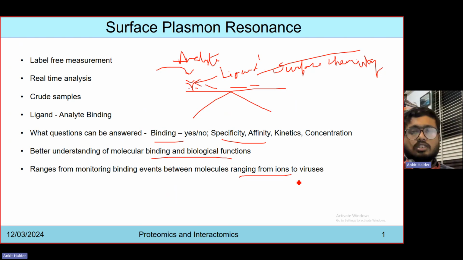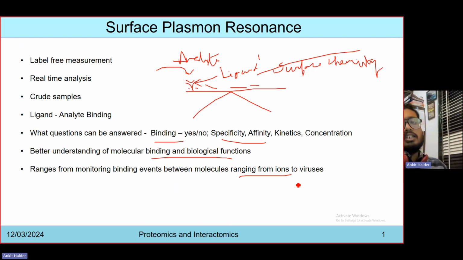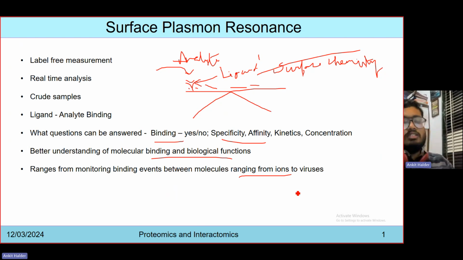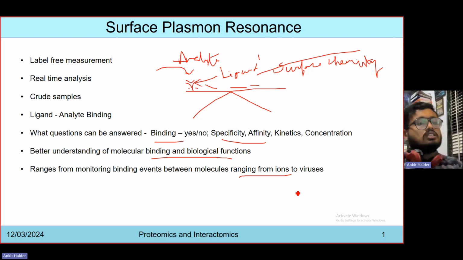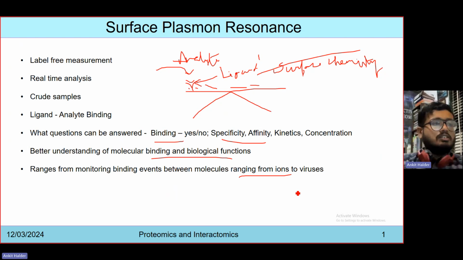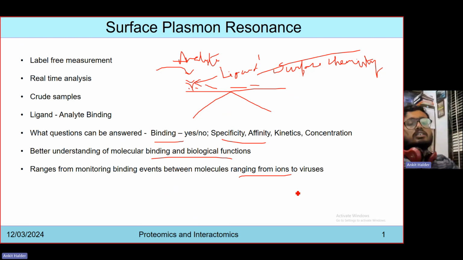All of those can be monitored: different kinds of ions, small molecules, bacteria, viruses, etc. That varied range of applications is what makes surface plasmon resonance a very robust technique for finding different kinds of biomolecular interactions.